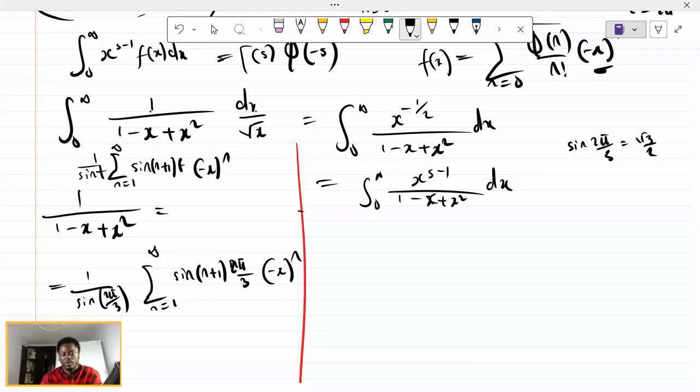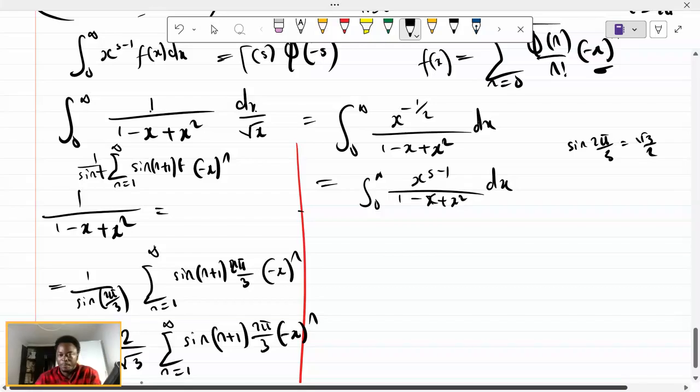So this will be equal to 2 over square root of 3 times the sum as n runs from 1 to infinity of the sine of n plus 1 times 2 pi over 3, and you have negative x to the n. So this is the series expansion here.